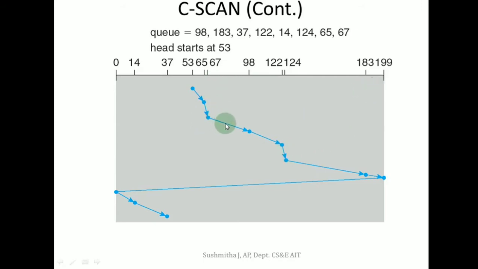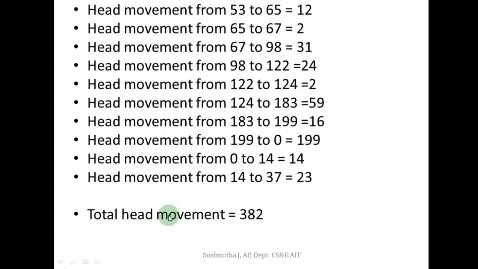So it satisfies 65, 67, 98, 122, 124 and then 183. Now you can see there is no request satisfied on the return; it goes directly to 0, and again starts from 0 and satisfies 14 and 37. So the total number of head movements in this case is 382.